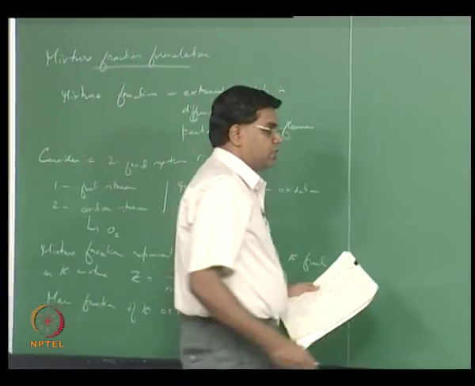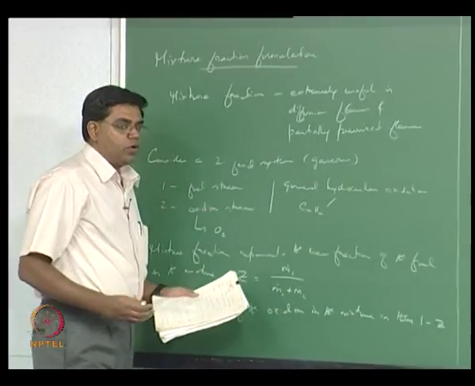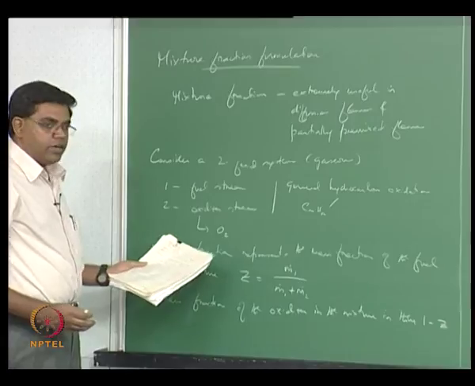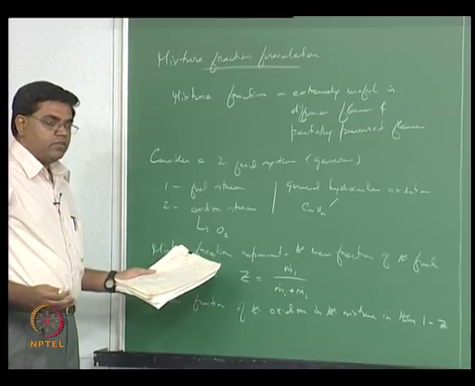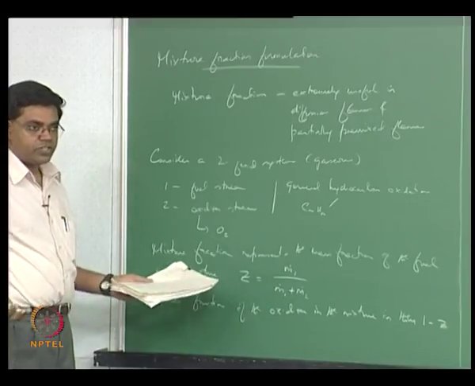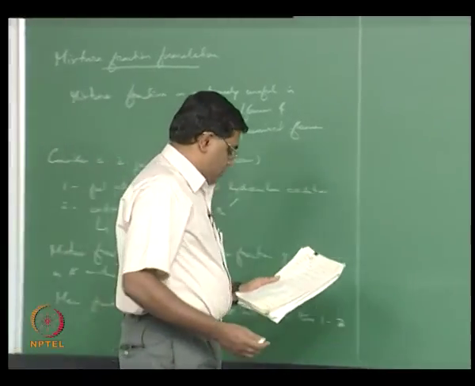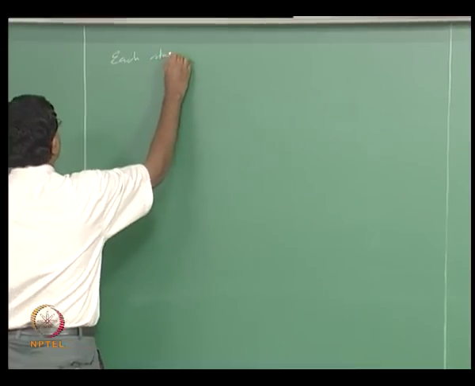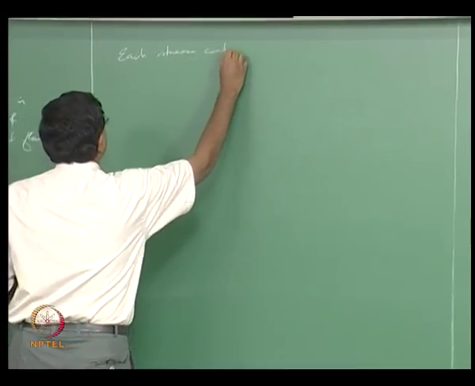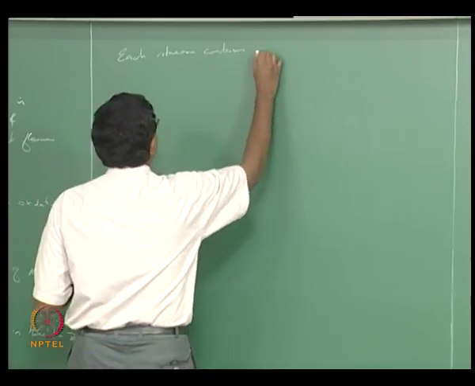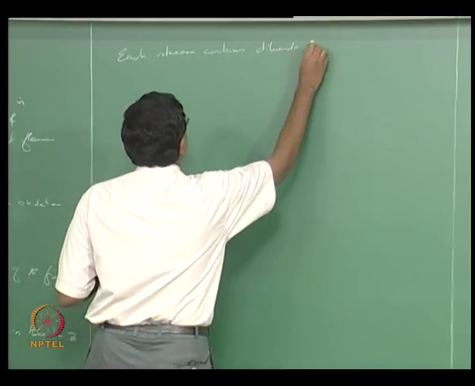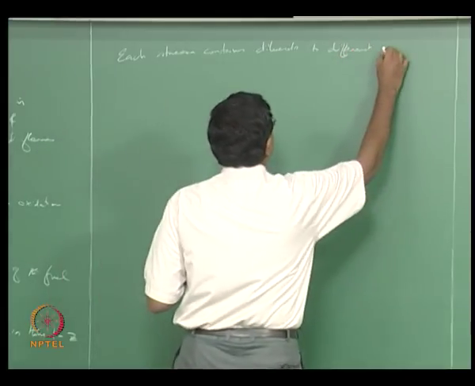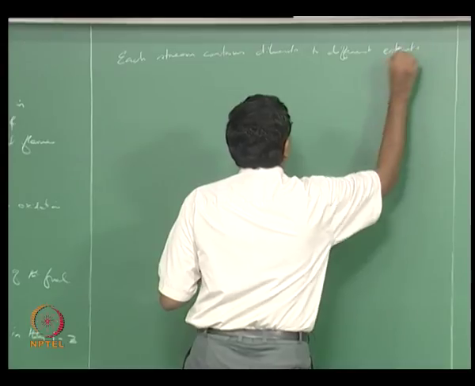It's not as if the fuel stream is fully fuel. You could have some nitrogen, and the oxidizer stream is, let's say, air, and most of it is nitrogen, so only part of it is oxygen. So the streams contain diluents to different extents.